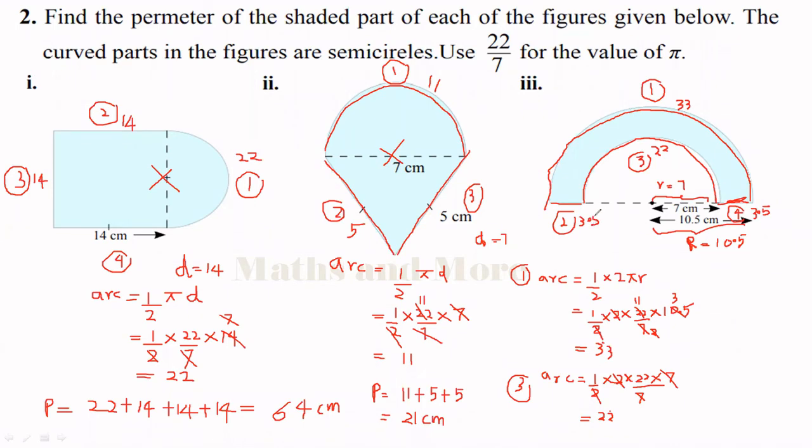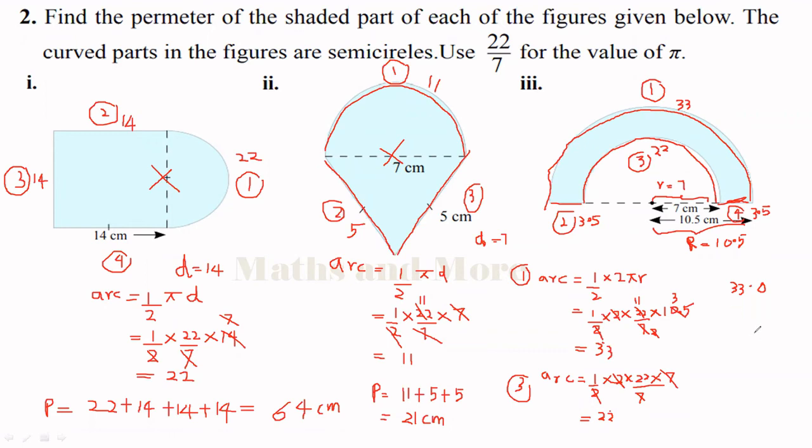Now you know all the sides, all the lines to find the perimeter. Now add and tell me the answer. This line is 33. This line is 22. This is 3.5. This is 3.5. Perimeter means length around the figure. So just add that. 33 you can write as 33.0, then it is easy to simplify because in other parts decimals are there. This line 22 can be written as 22.0. Here 3.5.